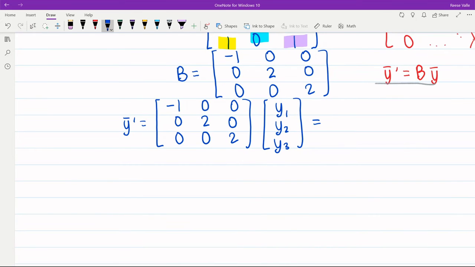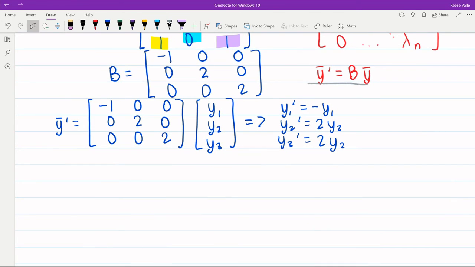And this is going to turn into y1 prime equals negative y1, y2 prime equals 2 y2, and y3 prime is equal to, you guessed it, 2 y2.